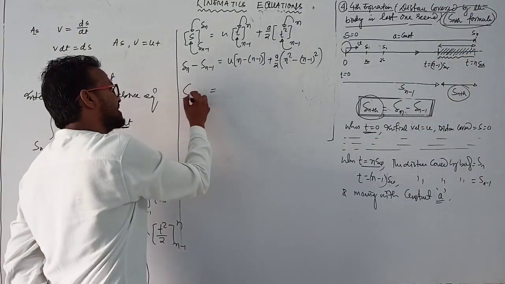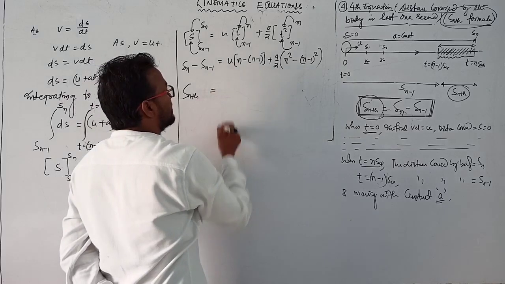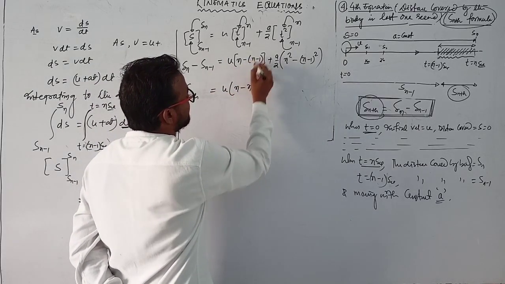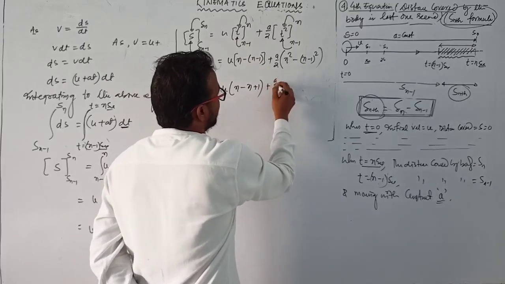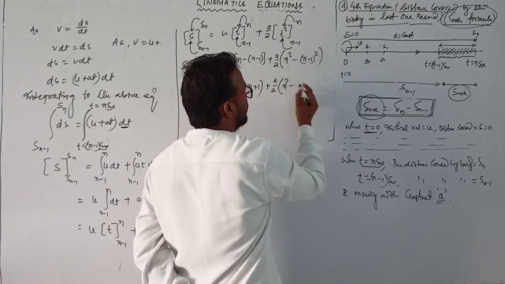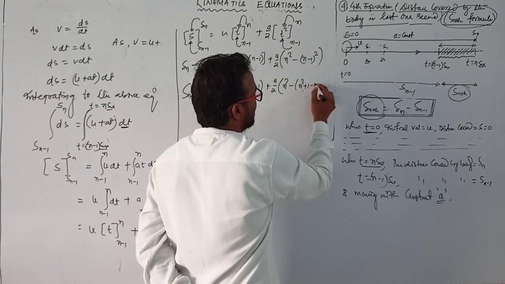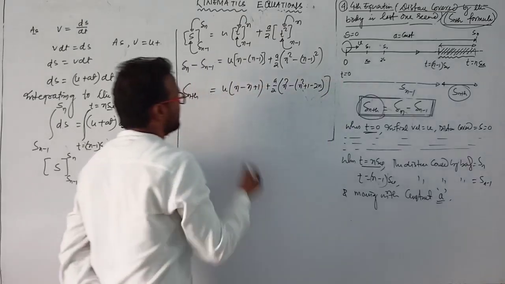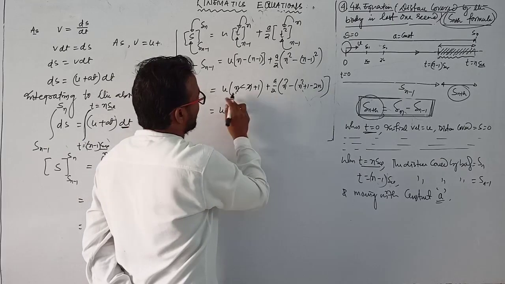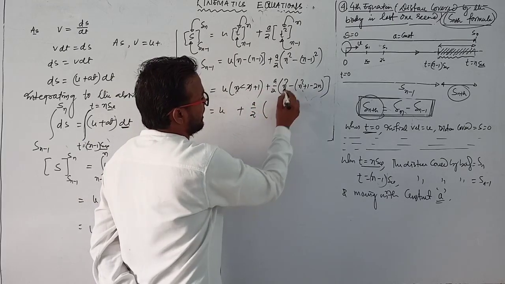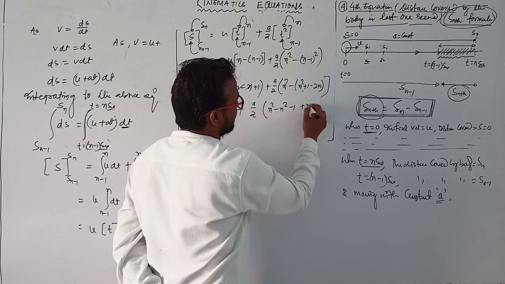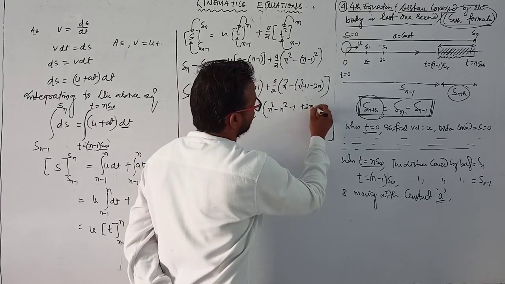So we can write Snth equal to u times (n minus n plus 1) plus a by 2 times (n square minus (n minus 1) square), that is n square minus n square minus 1 plus 2n.